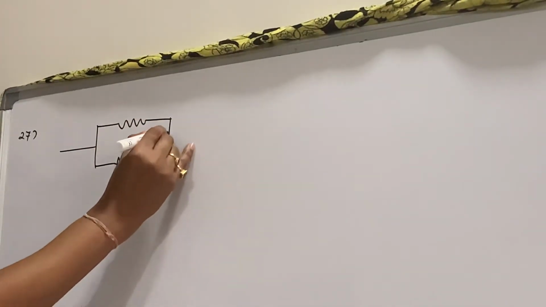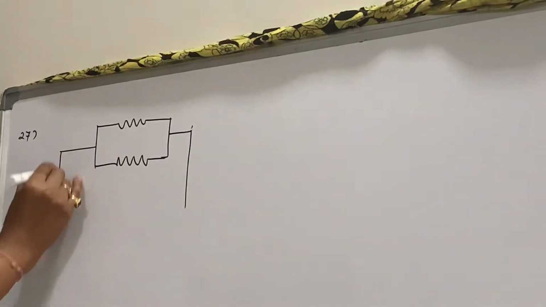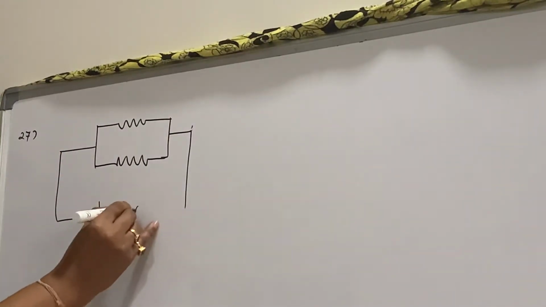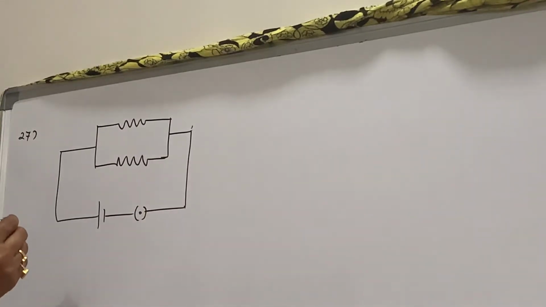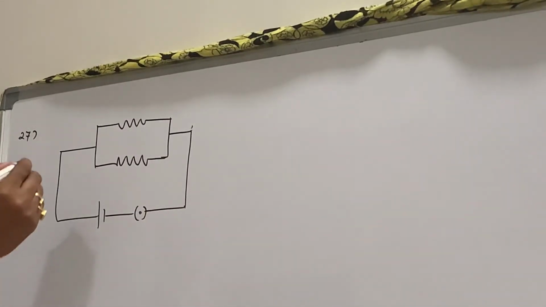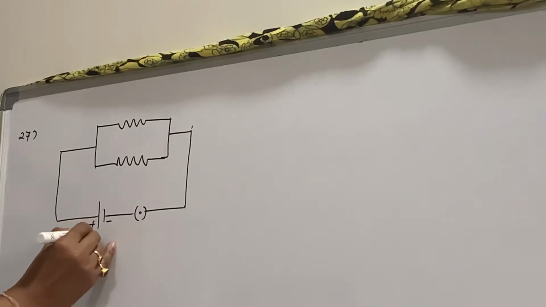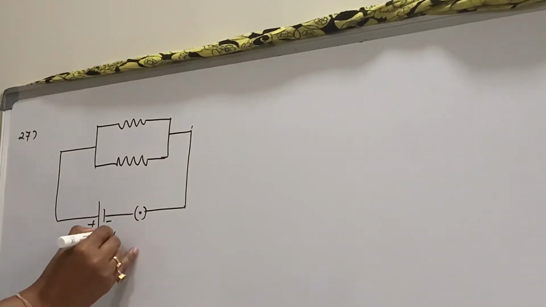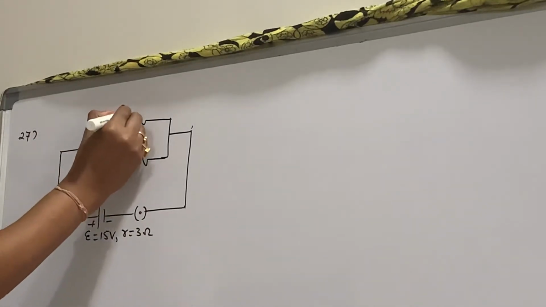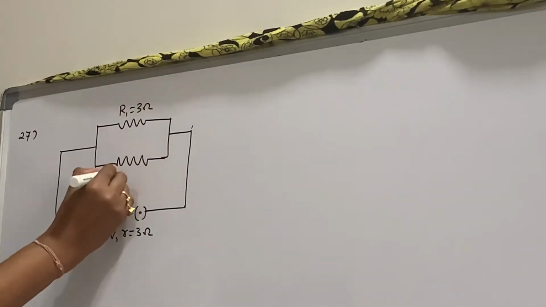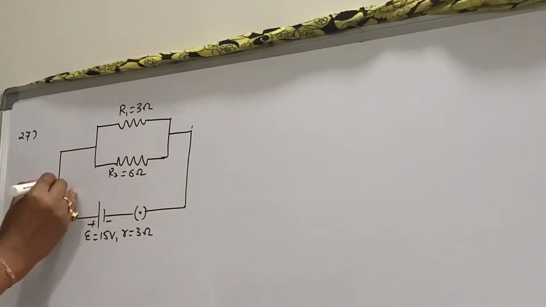They are connected in parallel to a cell along with the key. So here there are two resistors. EMF is given as 15 volt. Small r is given as 3 ohm. Now R1 is equal to 3 ohm and R2 is equal to 6 ohm.